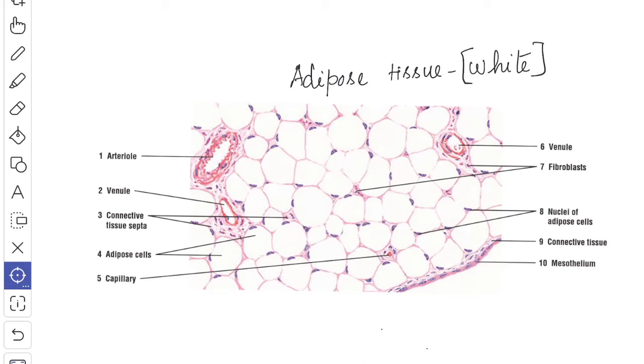Some workers feel that the adipose tissue contributes to warmth, not by acting as an insulator, but by serving as a heat generator. The heat generated can be rapidly passed on to the neighboring tissue because of the rich blood supply of the adipose tissue.